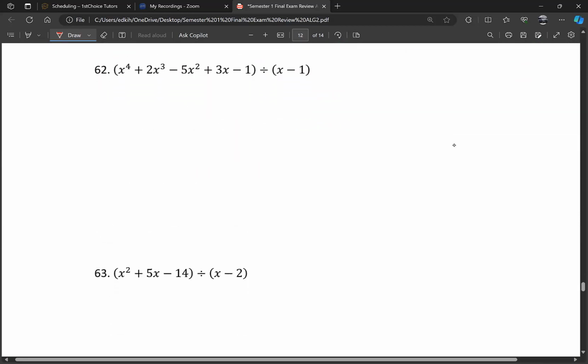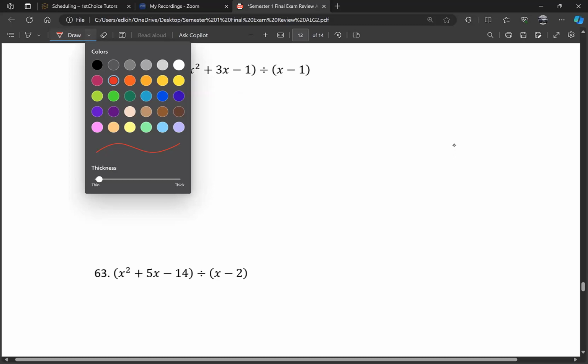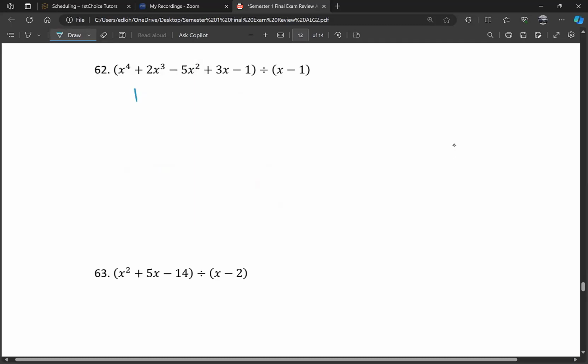And that's what we're going to do for the rest of these. I'm going to change the color here so it's not so monotonous. Instead of the synthetic division, 1 goes on the outside. 1, 2, -5, 3, -1. Drop down to 1. Multiply, add. So here you get a remainder of 0.